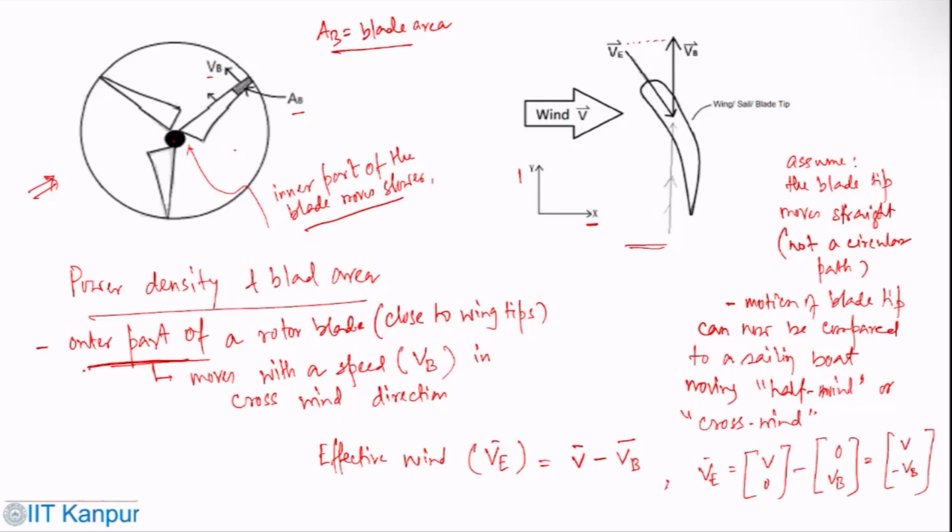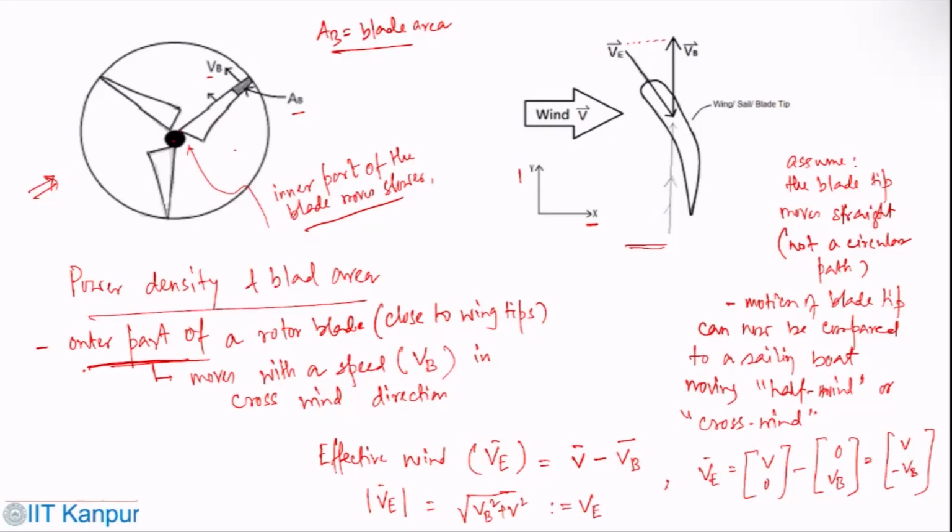So the effective wind magnitude, VE, is the square root of VB square plus V square. This is what you get.